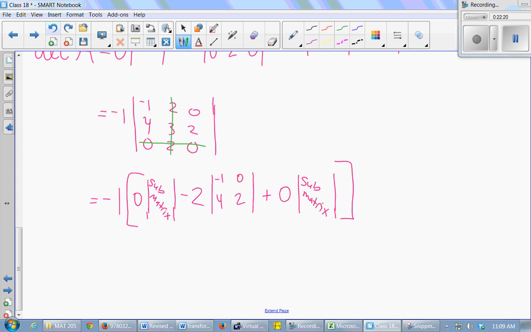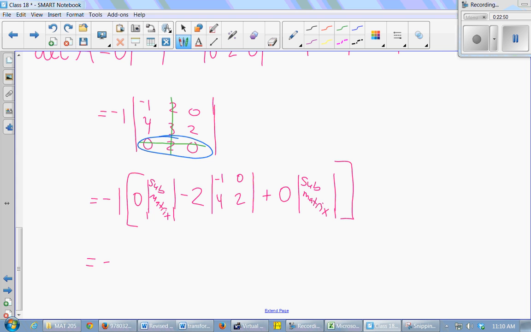I just didn't even bother writing it down. -1, 0, 4, 2. Oh, yeah, it would be the same coefficients, but yeah, I'm using row 3. Yeah, it's okay. Yeah, I should mark that. I'm using this row as my coefficients.